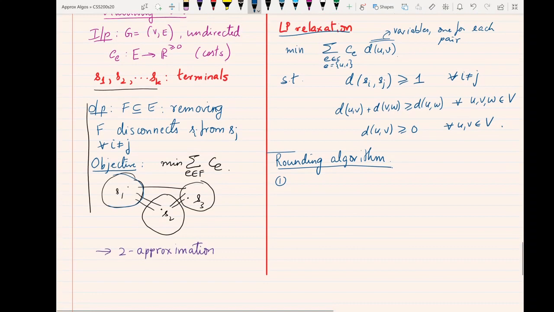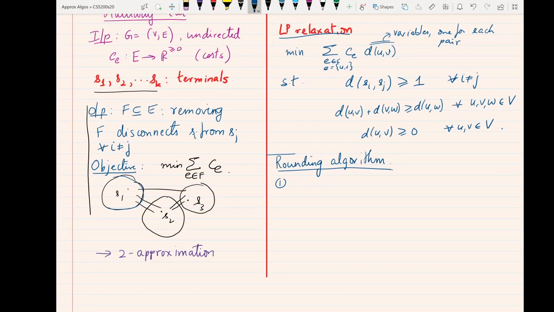So let me call this LP here just as LP. Let d be an optimal solution to the above LP with value ZLP.